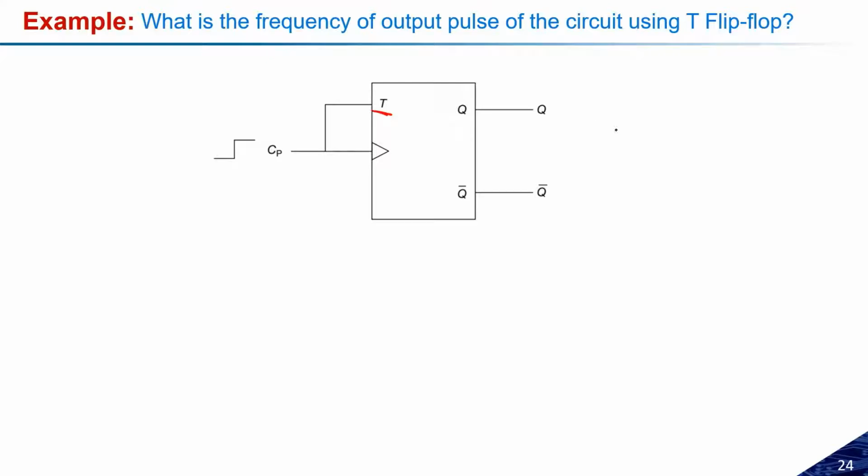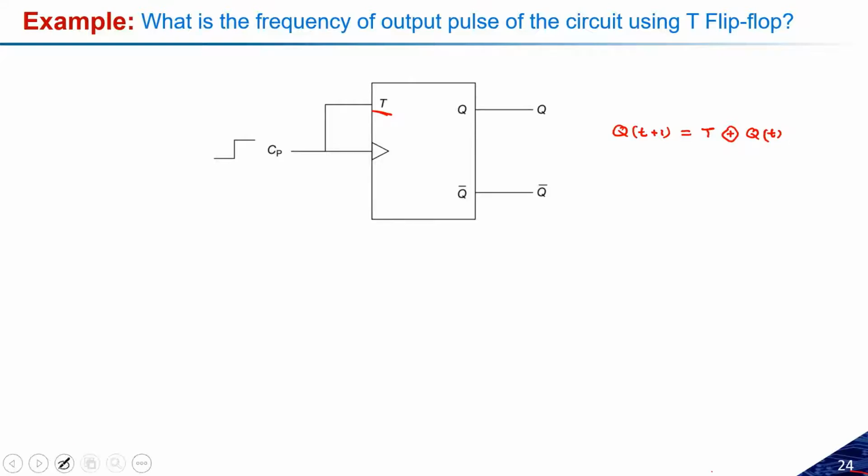I know that Qt plus 1 for the T flip-flop is T XORed with Qt. So whatever Qt I have, that will be XORed, and that will be Qt plus 1.